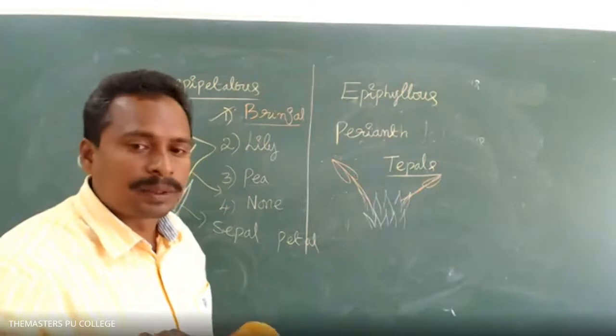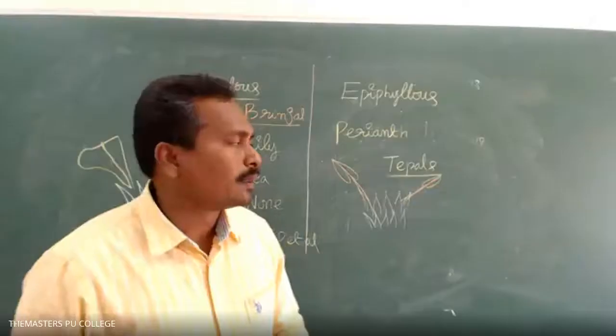Can we say bougainvillea is an example for perianth type of plants? For perianth, the examples are lily.